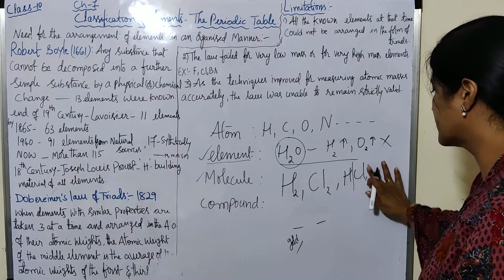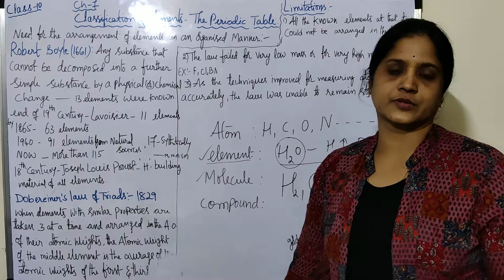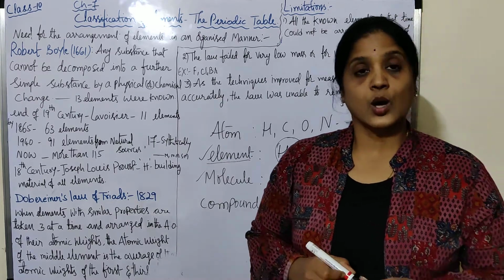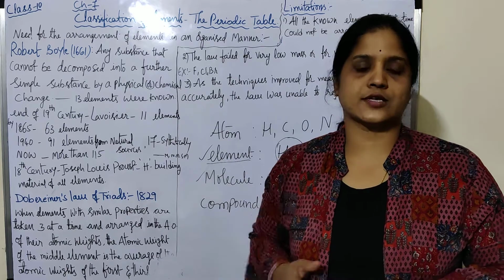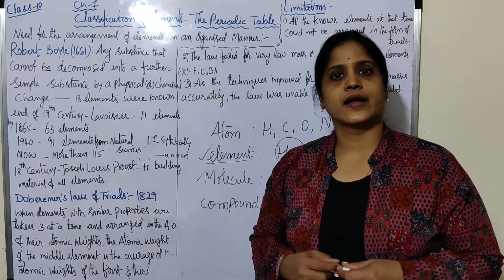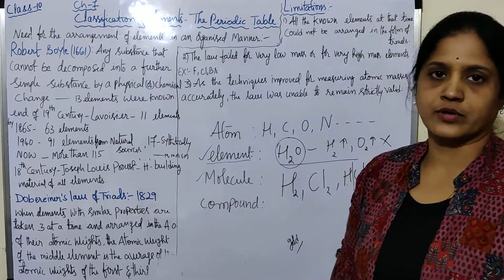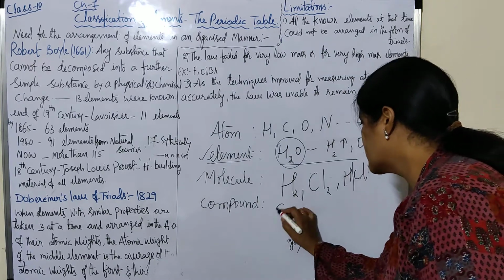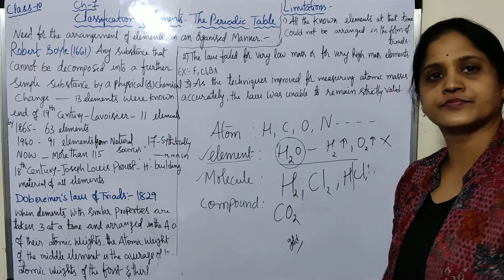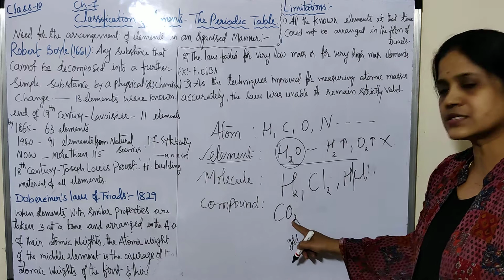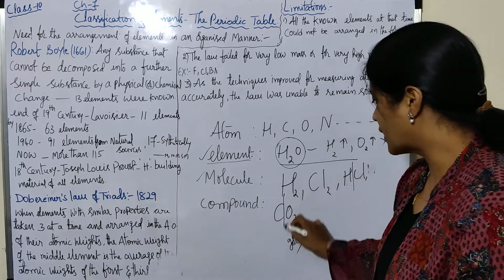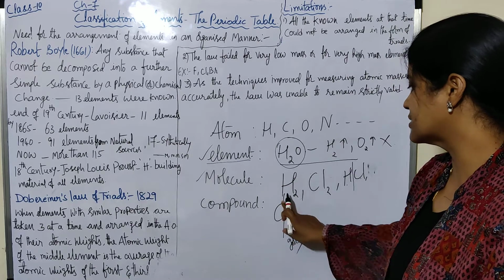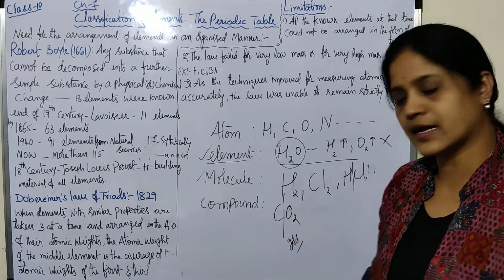Next, coming to compound. What is a compound? When atoms of different elements combine, they form a compound. For example, CO2: here two elements are combined, the carbon element and the oxygen element.